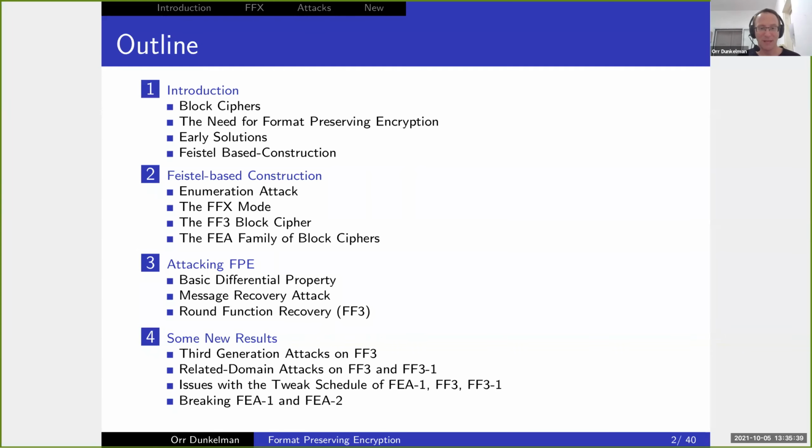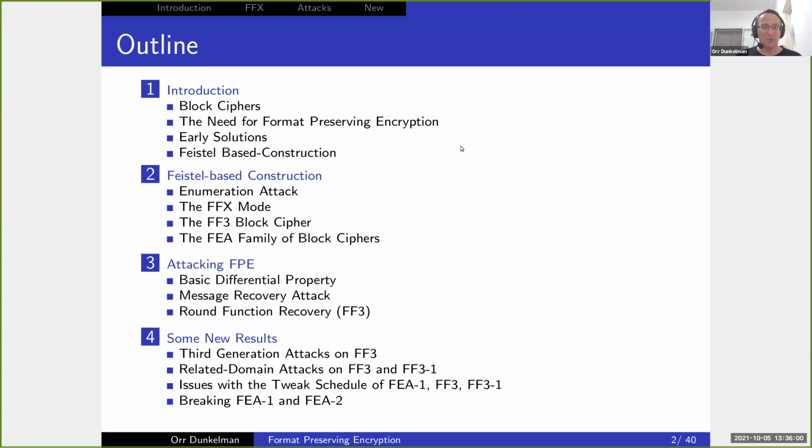So the slides were made at the last minute. I'm terribly sorry if there are mistakes in them, and there are very few figures and images. I will try to be as clear as possible. My sincere apologies.